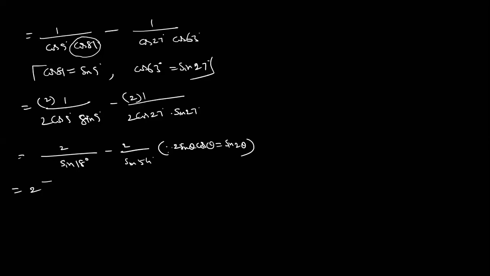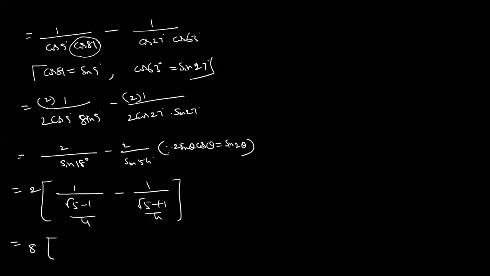So dear students, take 2 outside. 1 by, what is the value of sin 18 degrees? Anyone? That is root 5 minus 1 by 4. This is root 5 plus 1 by 4. So that is 8 times.